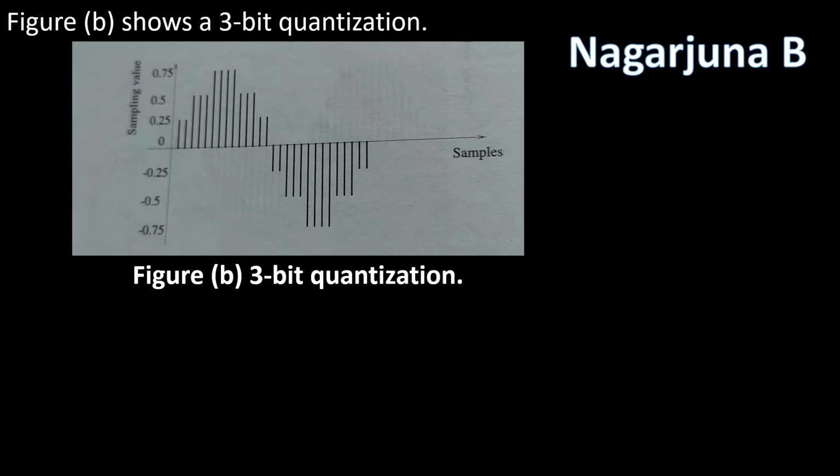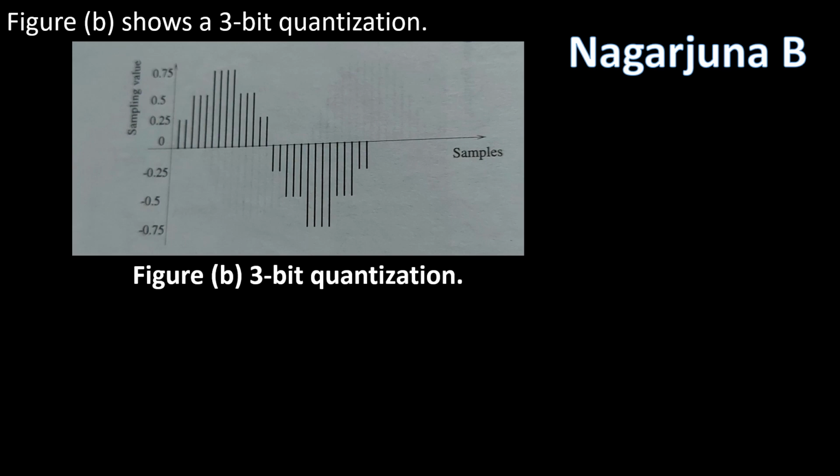So what are those 8 possible values? They are 0, 0.25, 0.5, 0.75, and below you can see minus 0.25, minus 0.5, minus 0.75. Another possible value is minus 1, which is not indicated in this particular diagram.